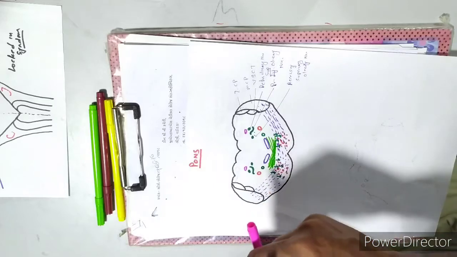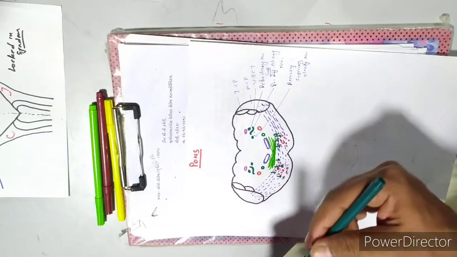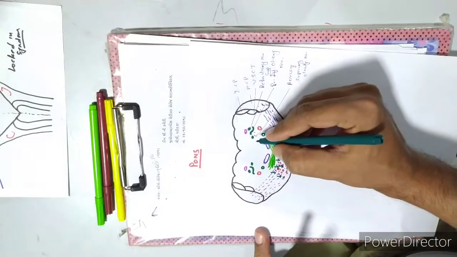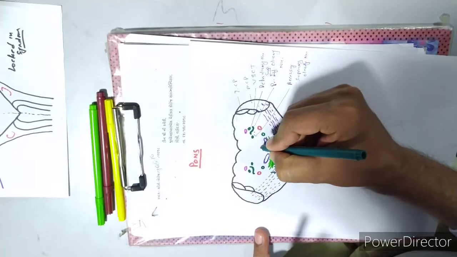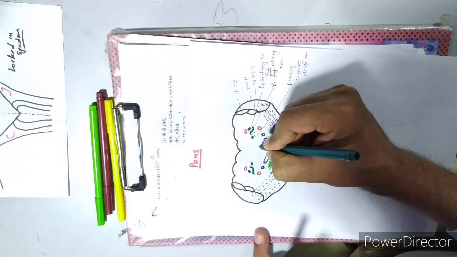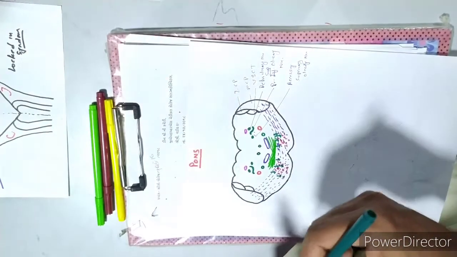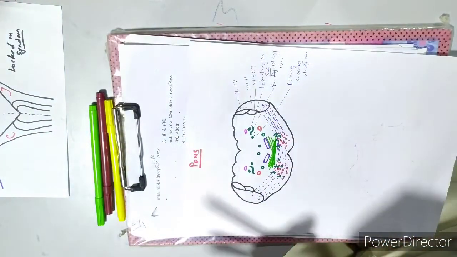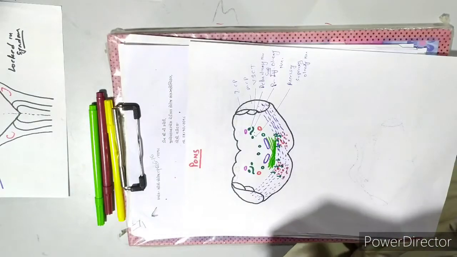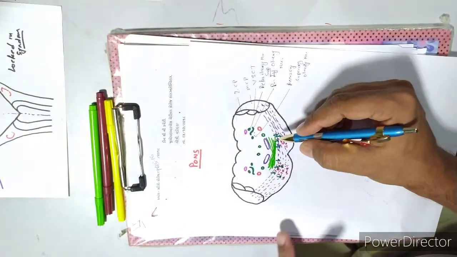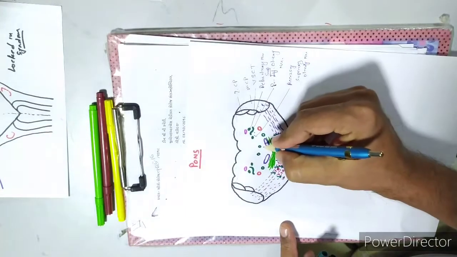Clear? Now, just in the midline and posterior to the medial lemniscus, these are two nuclei, the nuclei of the trapezoid body, or the corpus trapezoideum.